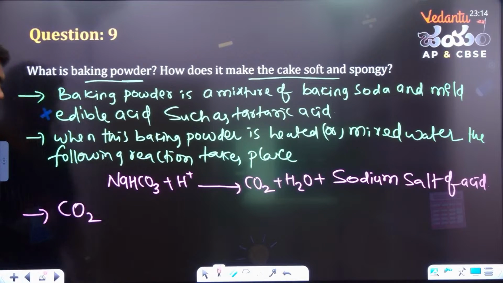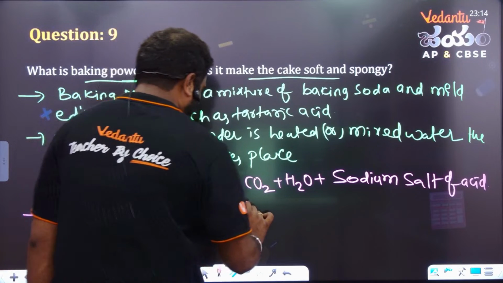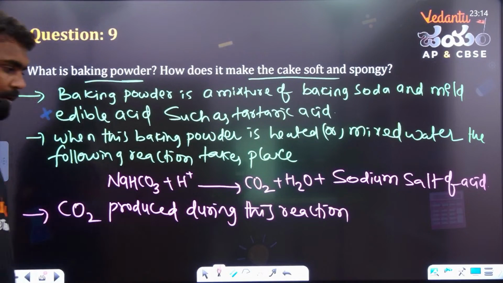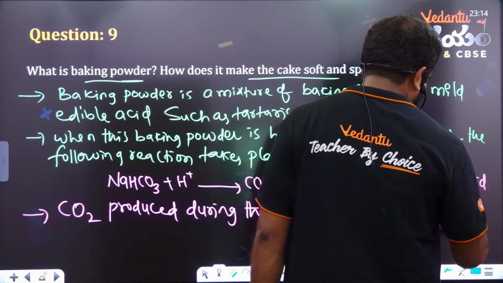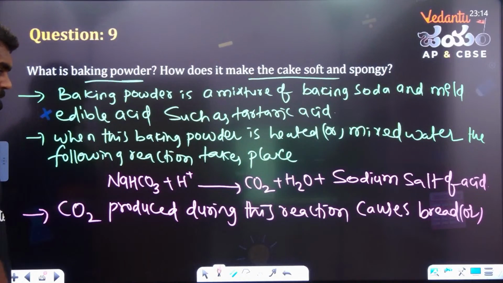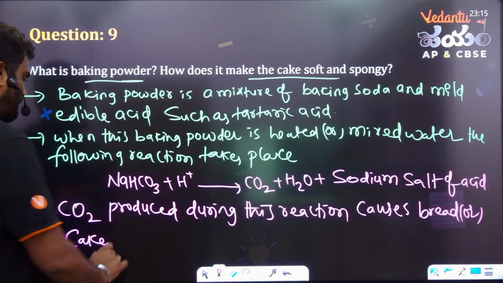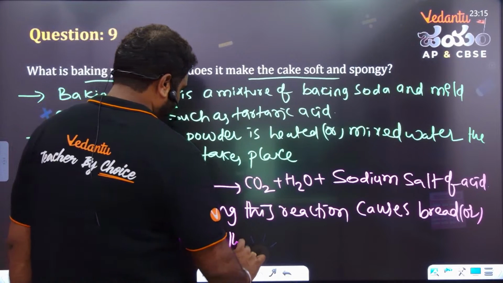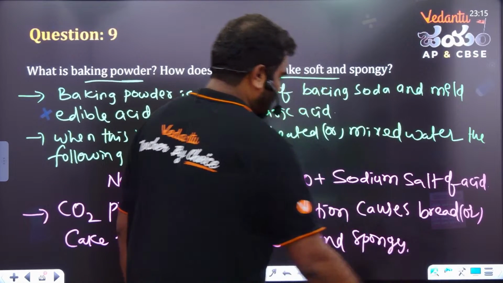Okay, carbon dioxide, so carbon dioxide ఏమైందన్నా, carbon dioxide produced during this reaction causes bread, or cake, ఏమవుతుంది బేటా, to rise, making them soft and spongy. So this is the answer for this question.